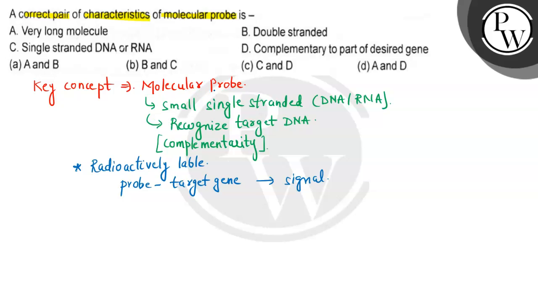Okay, so the major purpose of using this molecular probe, इसका जो major purpose होता है, that is to detect the specific gene sequence. Okay, to detect the specific gene sequence.